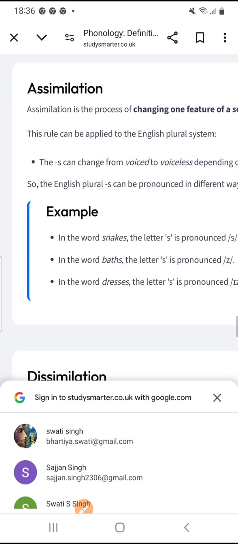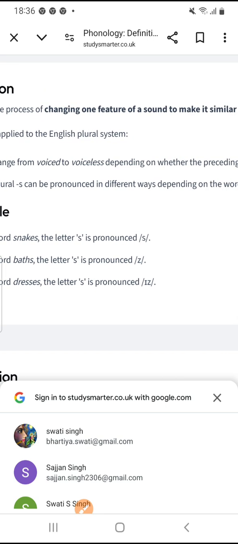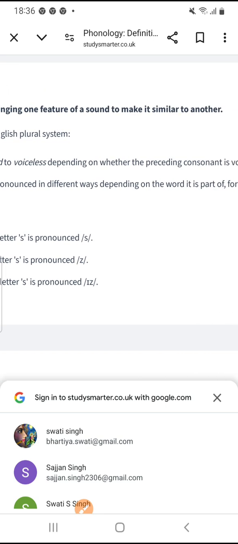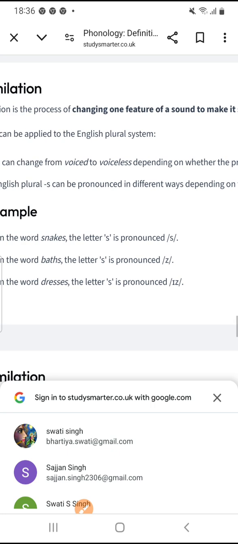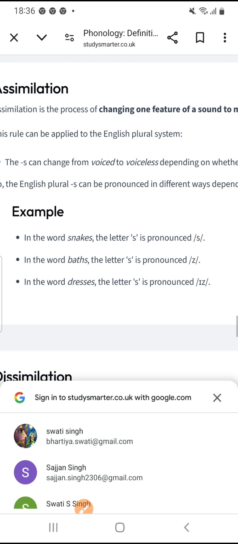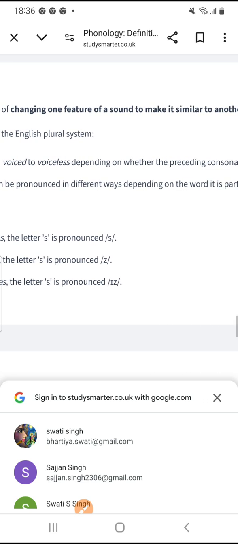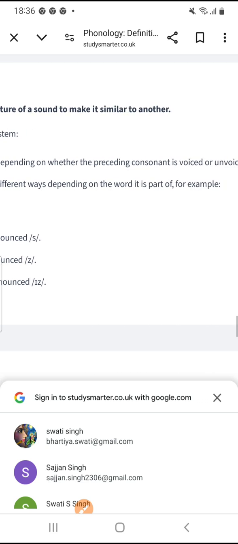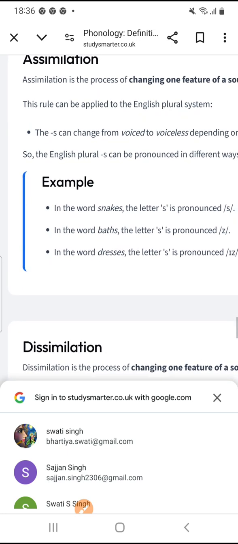Assimilation is the process of changing one feature of a sound to make it similar to another. How?